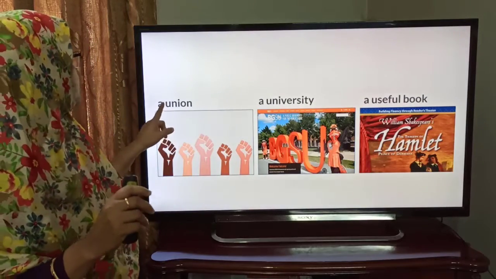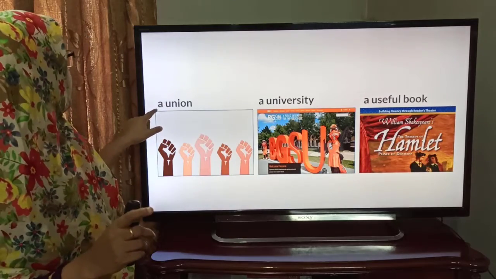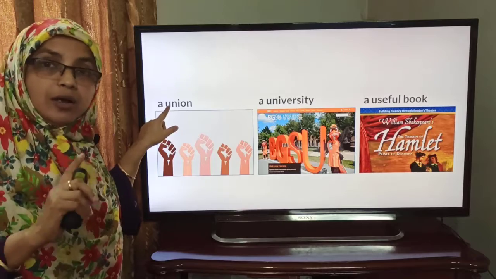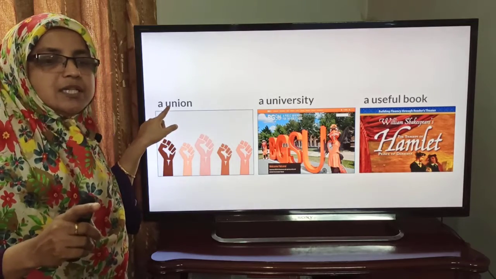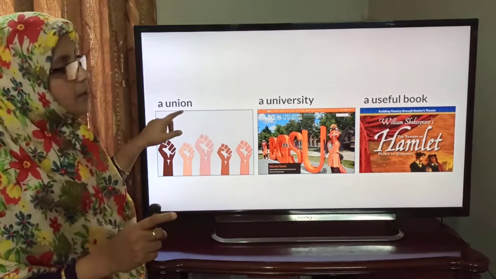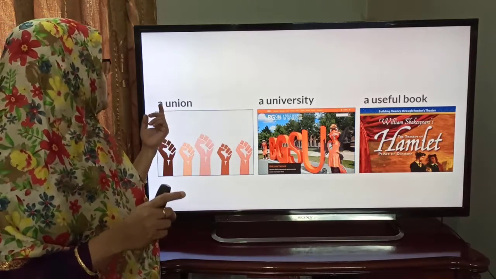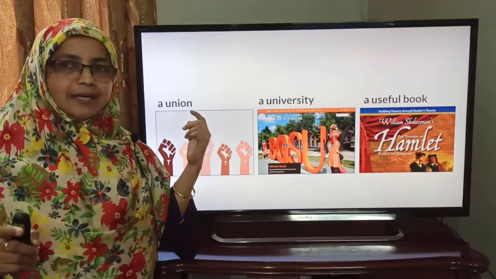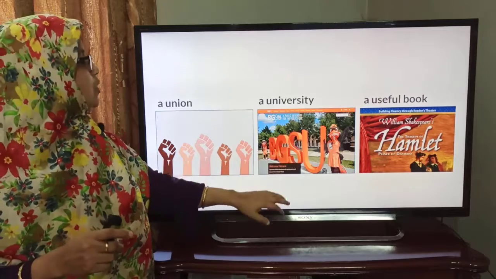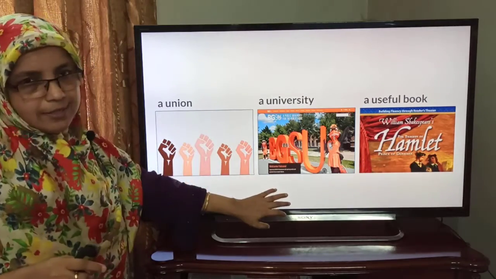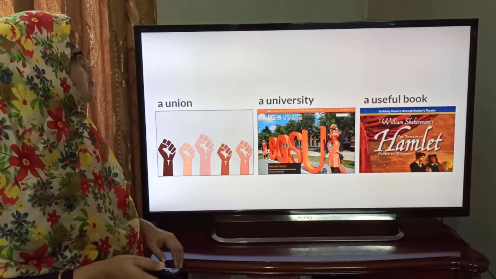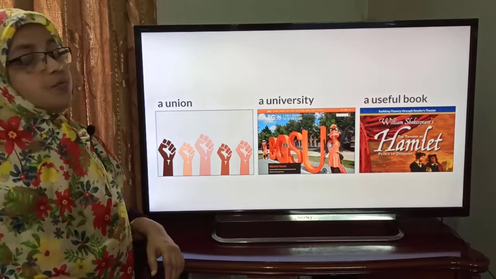Among them, U is one of them. A union. This word begins with a vowel letter, but not a vowel sound. That is pronounced U. So a union, we have to use a, not an. A university. This is Bowling Green State University. This is a picture of a university. So we use a. Then a useful book.